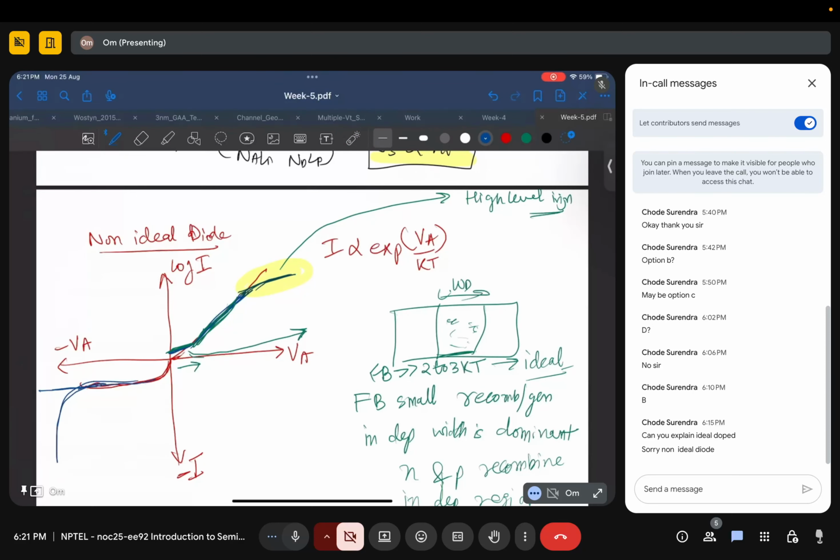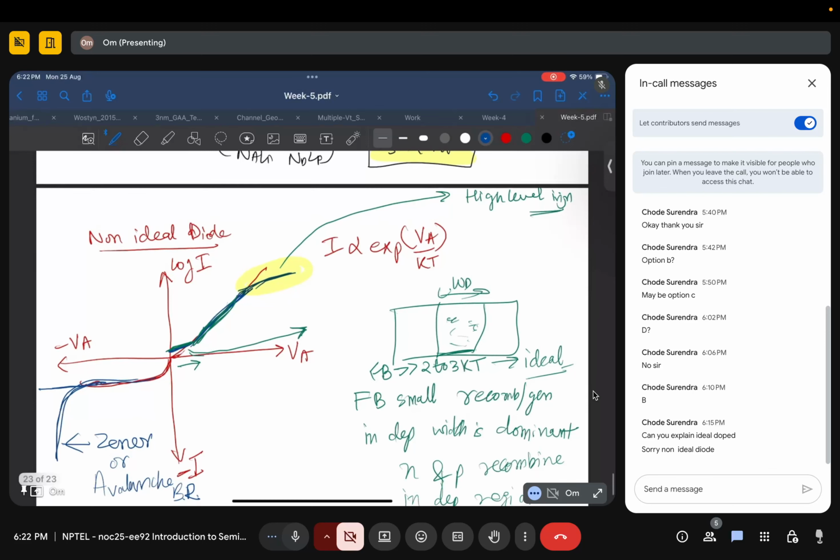It actually increases after a certain point, that is due to either Zener or avalanche breakdown. So these are the three main non-idealities that are different from an ideal diode.